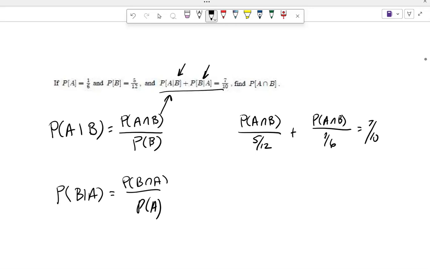One thing we want to notice, by the way, and we're going to talk about this more in the coming sections, is that I've got my probability of A intersect B in both spots. You've got a nice relationship, and I can use this property to reverse what I'm given, if you will.